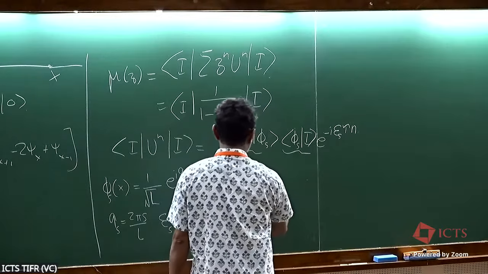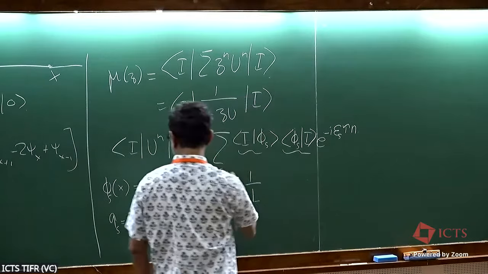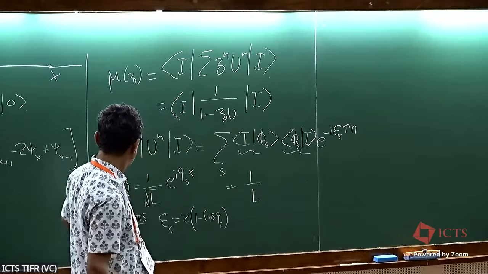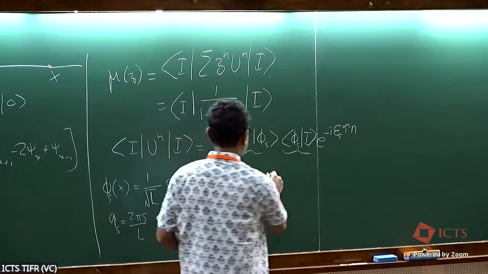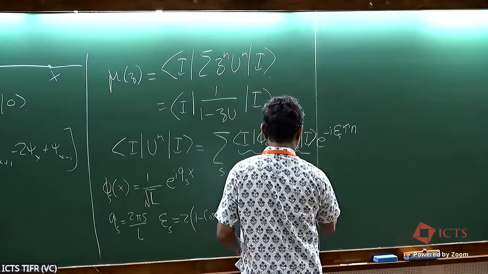Okay, so then we can write this as 1 over L. So if i is 0, then you just put x equal to 0. So we get a sum over k of e to the power minus iε.